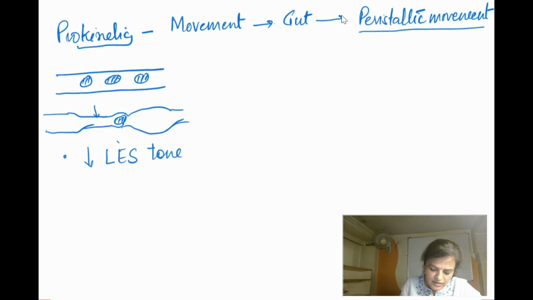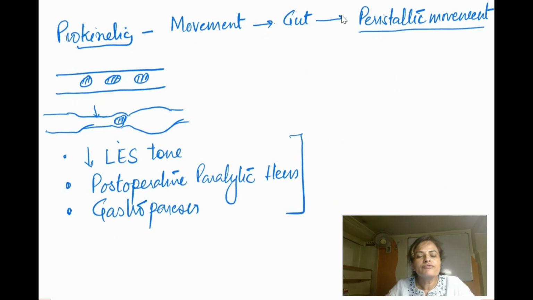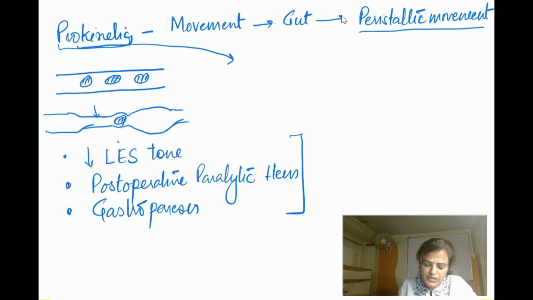And if there is post-operative paralytic ileus, there also food will not move forward. Or any short-term gastroparesis. So these are the conditions where the food does not move in a forward direction. That is the time when we have to prescribe to the patient a prokinetic drug.